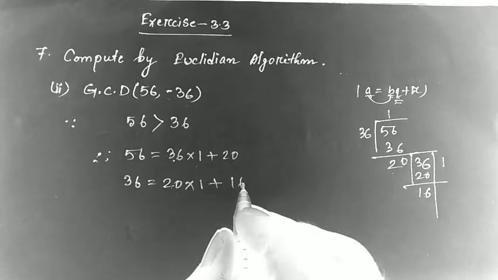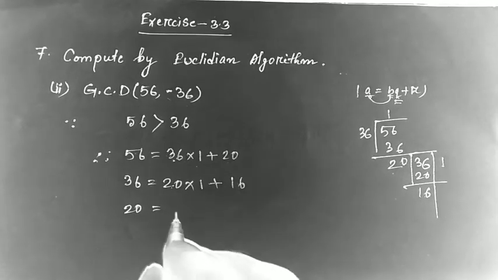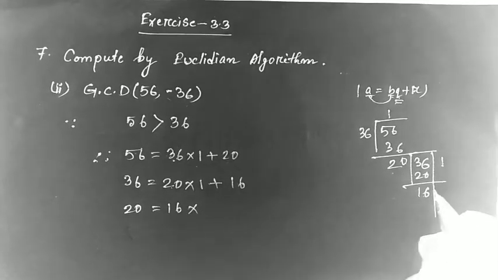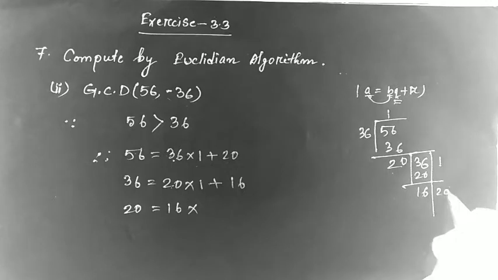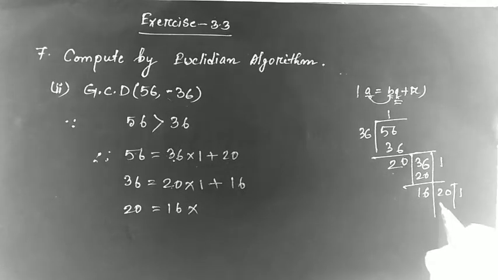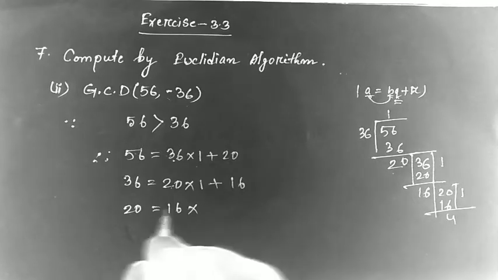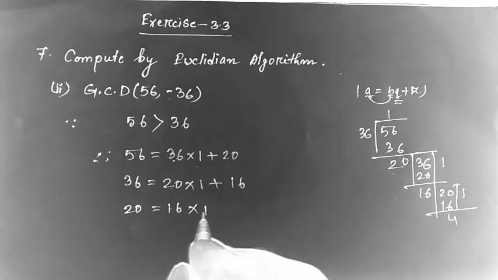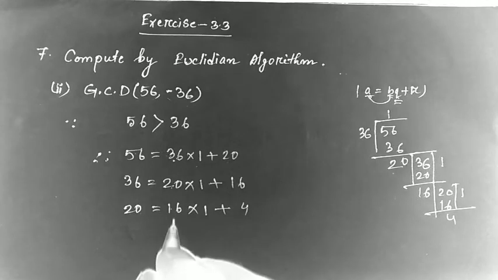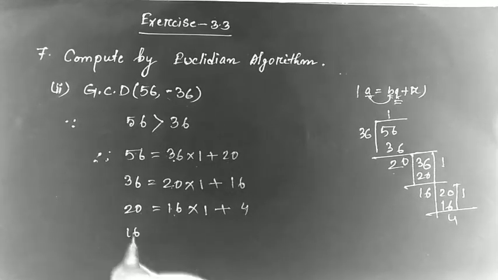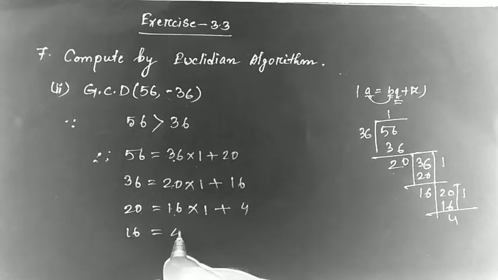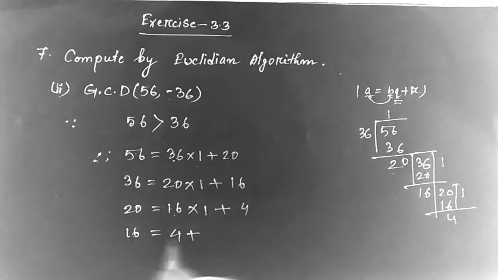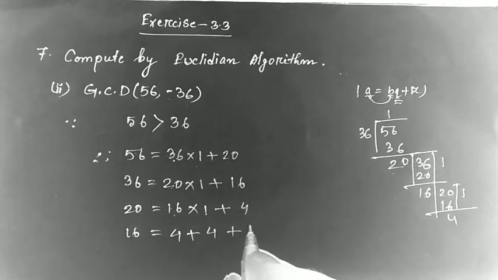Next we will take 20 and 16, and again divide. 16 divides 20 one time, remainder is 4. Now we'll take 16 and 4, very easy sum. 4 divides 16 four times, so the remainder is 0.